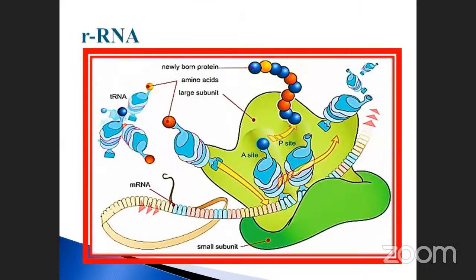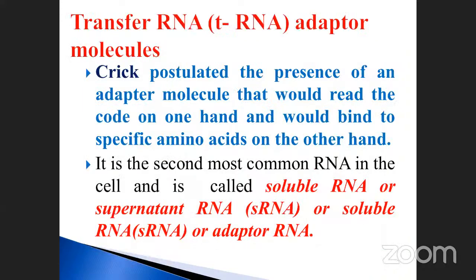So this is the entire structure of protein biosynthesis, otherwise called the protein factory. And transfer RNA, we already saw it. Here you must note who stated the adapter hypothesis: Crick. It is also called soluble RNA, supernatant RNA, and adapter RNA molecule. This is very, very important. So why is it called adapter RNA?